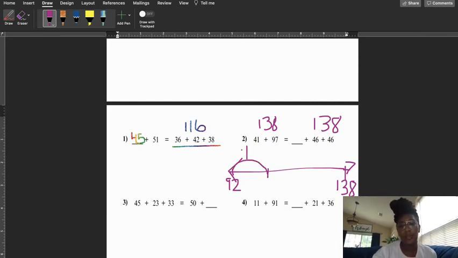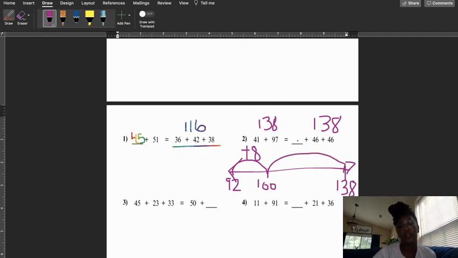Because if I jump 8, that puts me at 100. All right. So how much do I need to jump to get from 100 to 138? That's mental math. I know you got it. I got to jump 38.